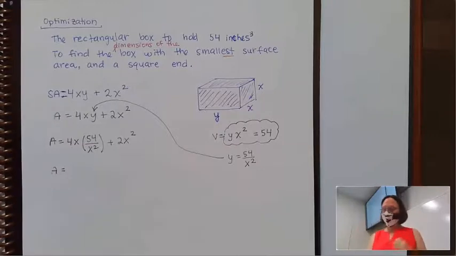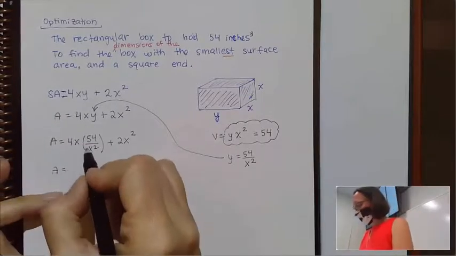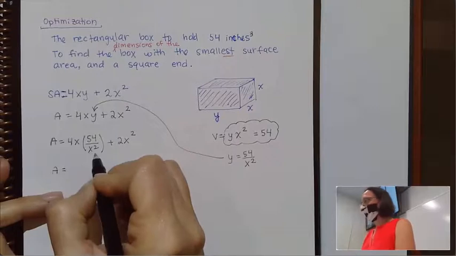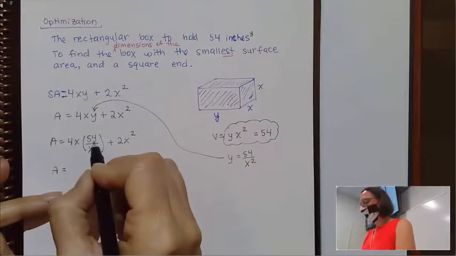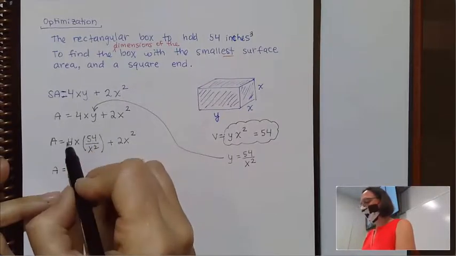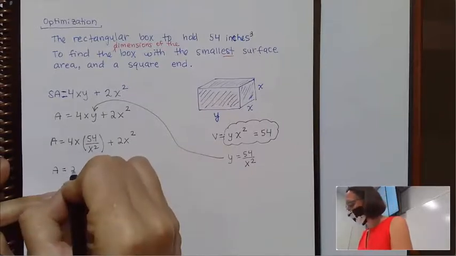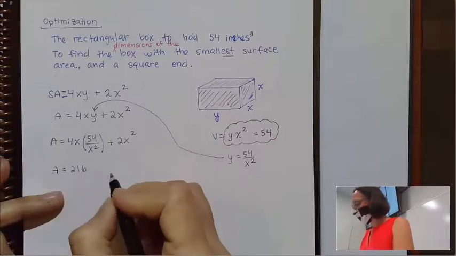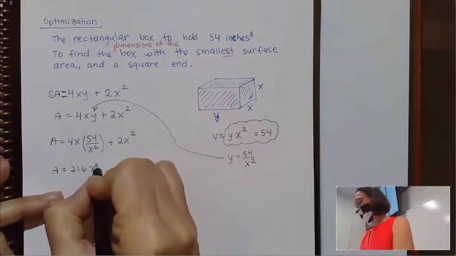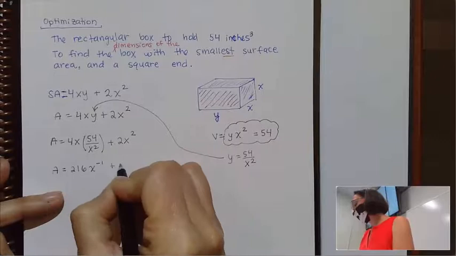So one of those x's will cancel out. 4 times 54, let's see, 4 times 50 would be 200, 4 times 4 is 16, so 216 x to the negative 1 plus 2x squared.